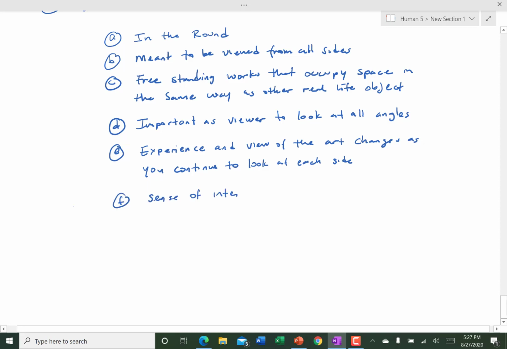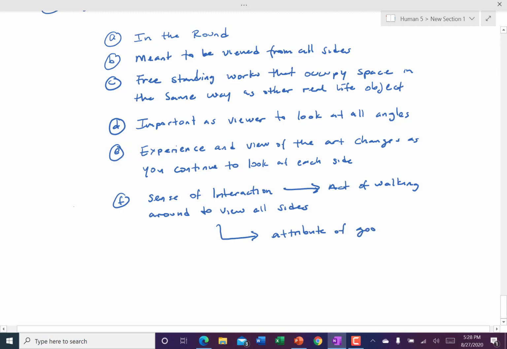Not as much if we're looking at it on a screen, but if you're walking around, the idea of sculpture is the act of walking around to observe it, to view all sides. This is definitely an attribute of good three-dimensional design.